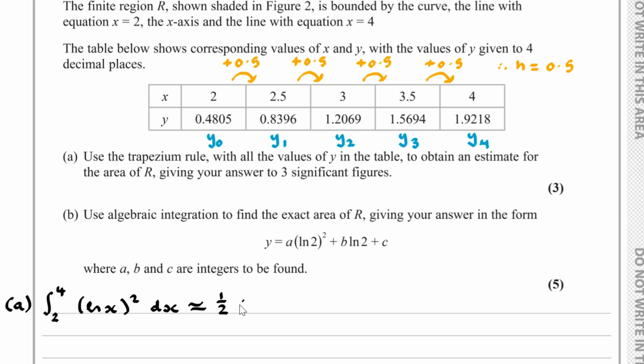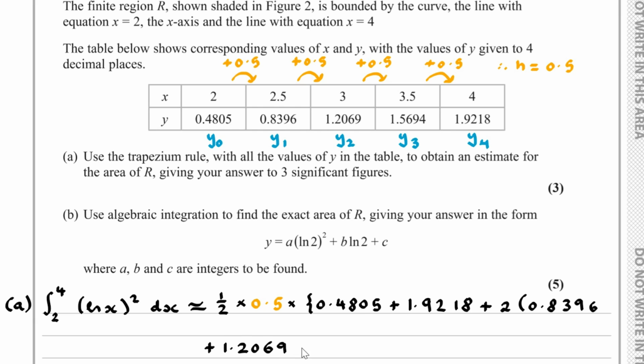We've got 1/2 times h, which is 0.5, multiplied by y0, 0.4805, plus y4, 1.9218, plus two lots of the y values in between, 0.8396, 1.2069, and 1.5694.